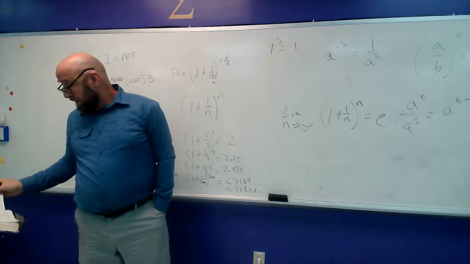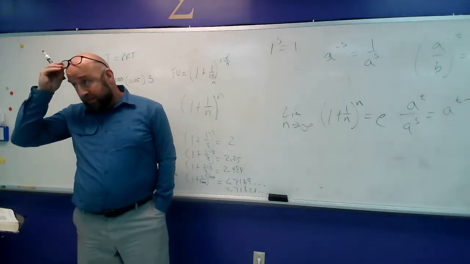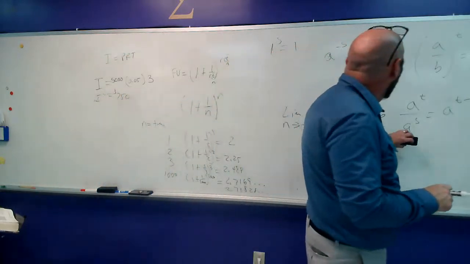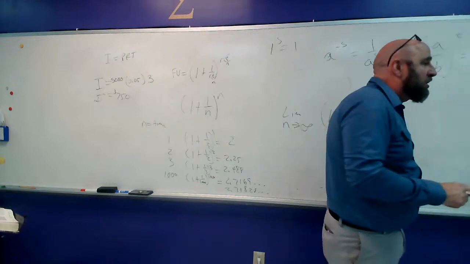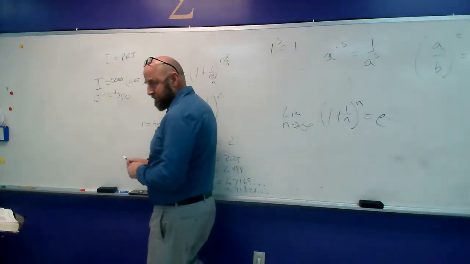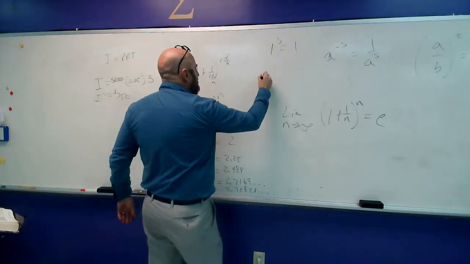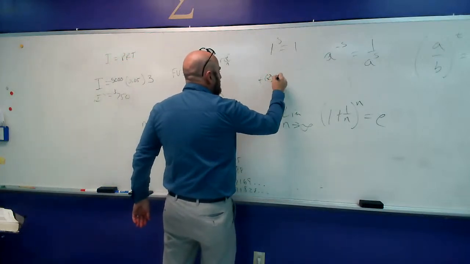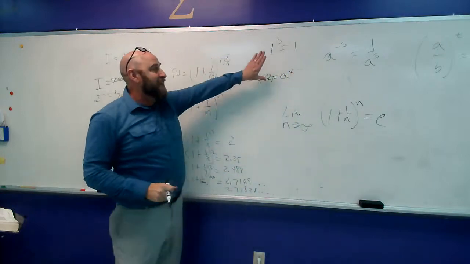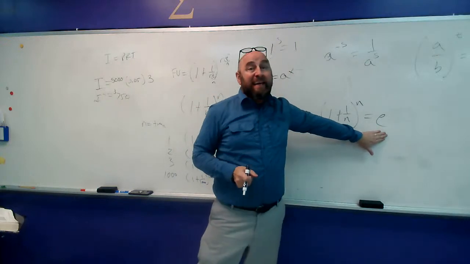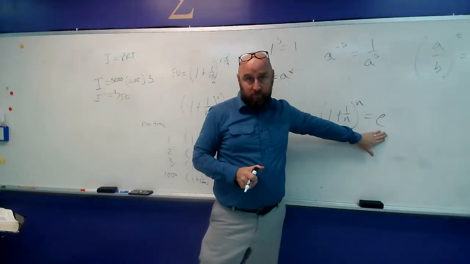Sure. And what we're saying is that e is called the exponential function. Now, this f of x equals a to the x, that is an exponential function. E is the exponential function.